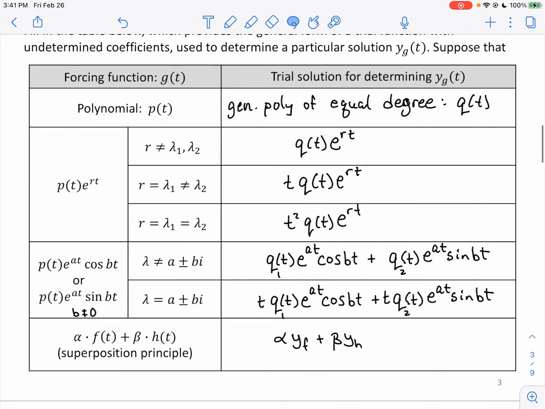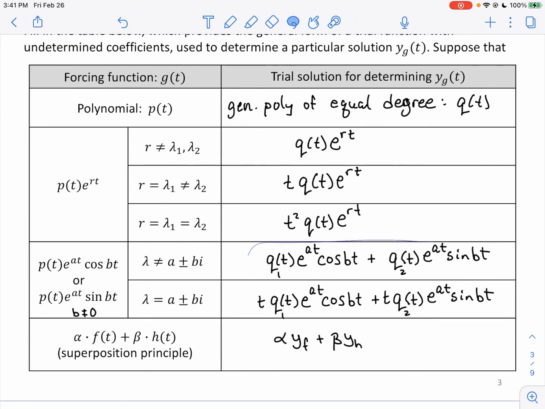So according to our table, our lambdas are not equal to a plus or minus bi, where the a and b are these letters here. I should really say this one here, because we had a was 0 and b was 2. Sorry, I take that back. B was 3 in our forcing function, but in our lambda it was 2. So our lambdas do not match these a plus or minus bi.